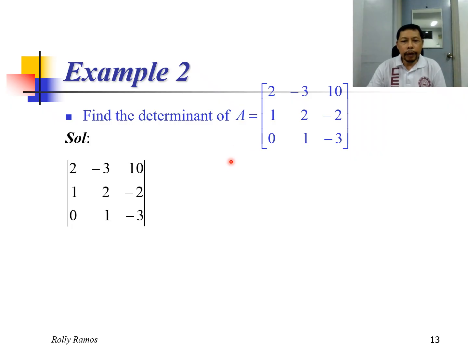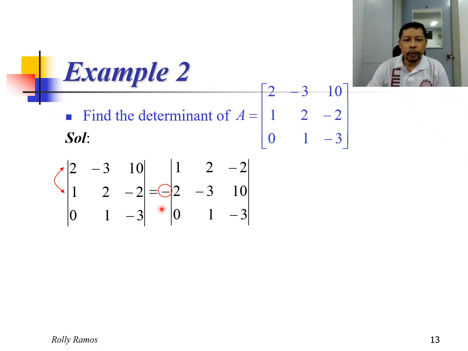Find the determinant of A. The elements of A are 2, negative 3, 10, 1, 2, negative 2, 0, 1, negative 3. Now, if we interchange row 1 and row 2 of this matrix, what should we do?